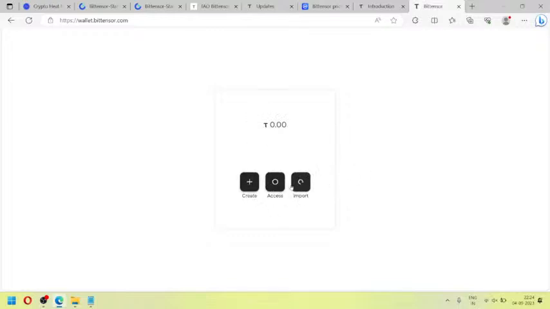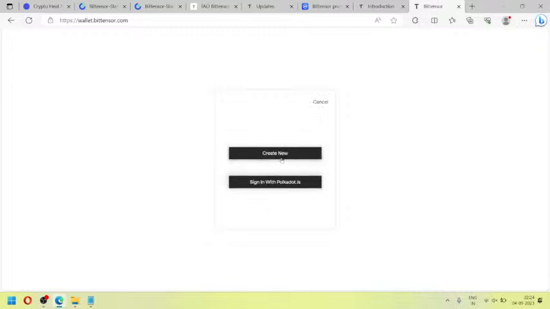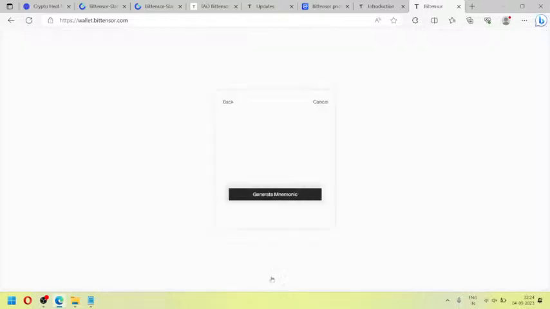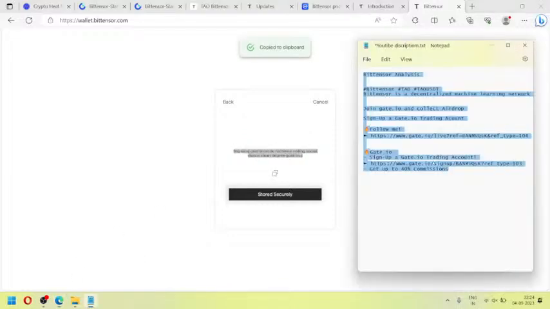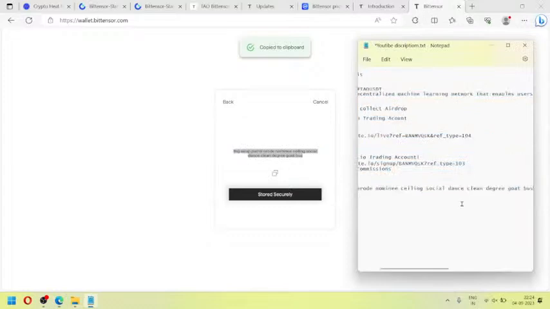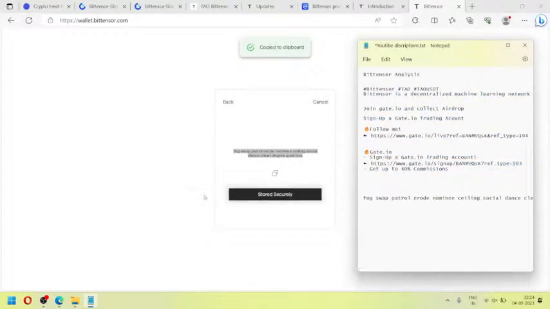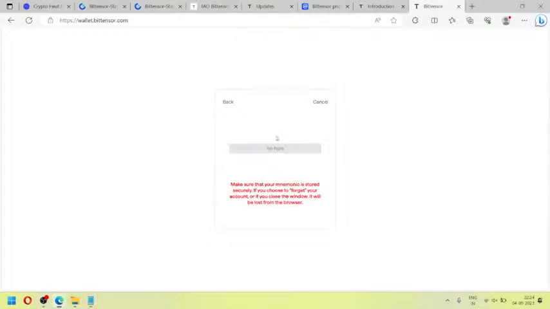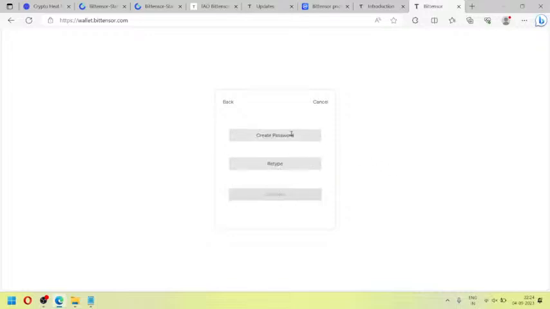You can create a wallet here, create a new wallet. You can see this is your code. To create the wallet, you store this code and keep it secure. Here you retype the code, continue, and create your password. Anything you can create.